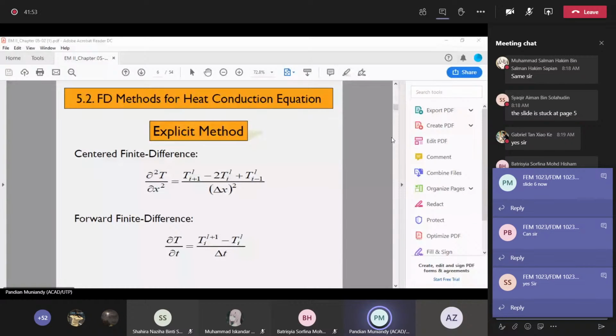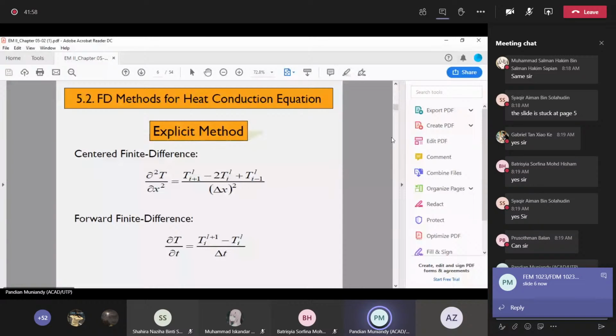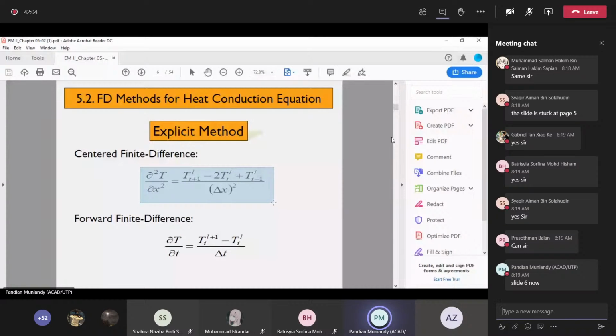Okay, slide 6 now. Quickly write down this equation, class. Del squared T over del x squared equals T superscript L subscript I plus 1 minus 2 multiplied by T superscript L subscript I plus T superscript L subscript I minus 1, whole thing divided by del x squared.